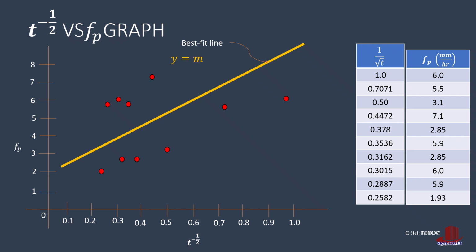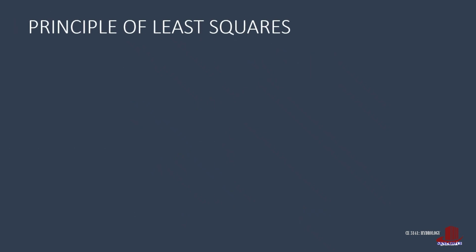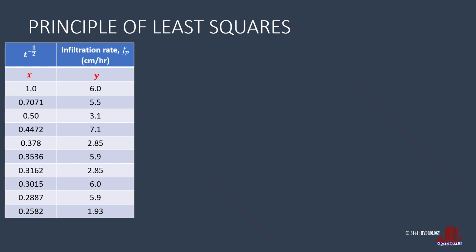Then use the slope-intercept function. There are different methods in curve fitting, but we use the principle of least squares to easily solve for the coefficient only by using the functions for slope m, which is as shown. We have x and y, and we can easily take the summation of each column.